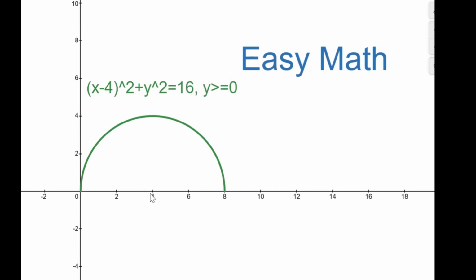We know the central point is (4, 0), and the radius is 4. Inside the red one shows the rectangle area. Here, try to change the 4 points.